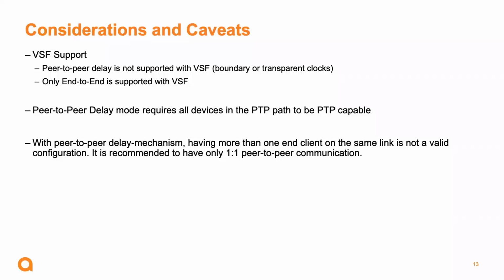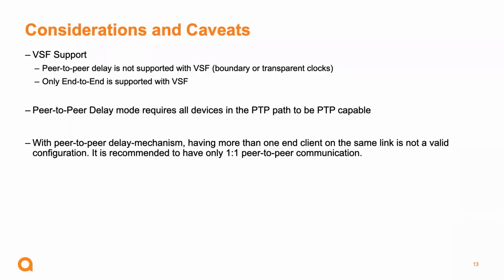Also, another important detail here is that the peer-to-peer delay mode requires that all the devices in the PTP path between the grandmaster source clock and the ordinary clocks are all PTP capable. What does that mean?